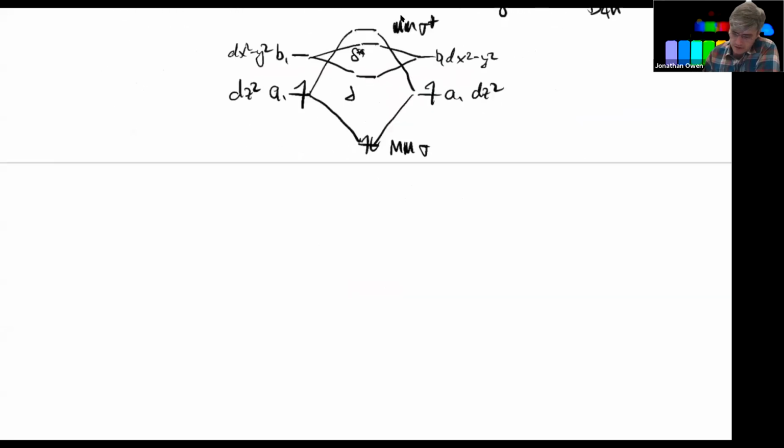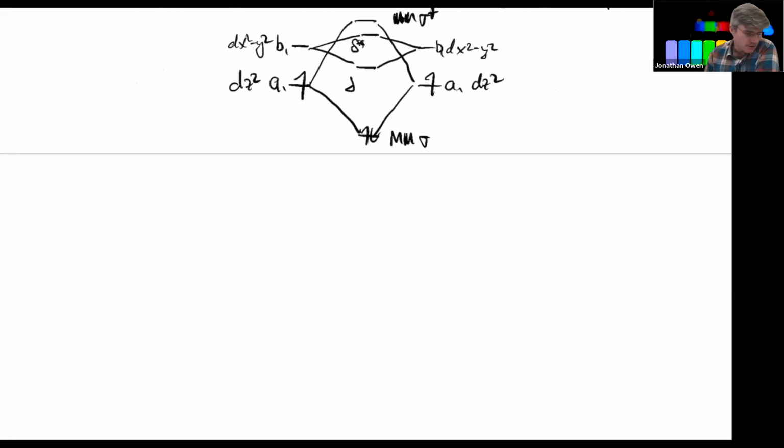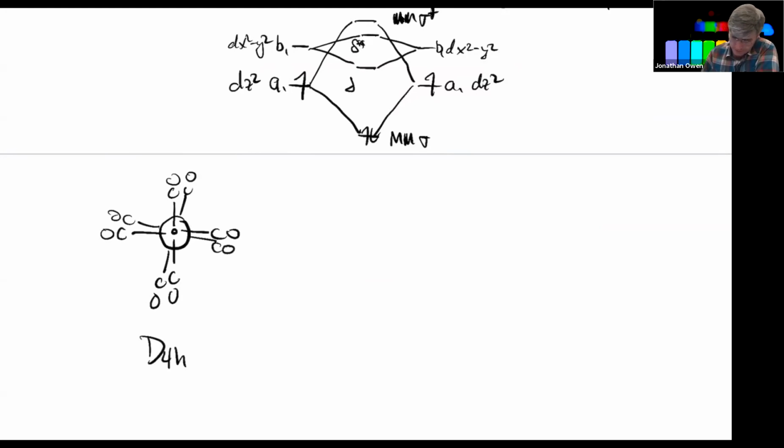There's been a lot of work on this kind of thing, Brian, and what you're saying is exactly right. There's two different forms, so we're going to make a Newman projection here. This one is D4H.